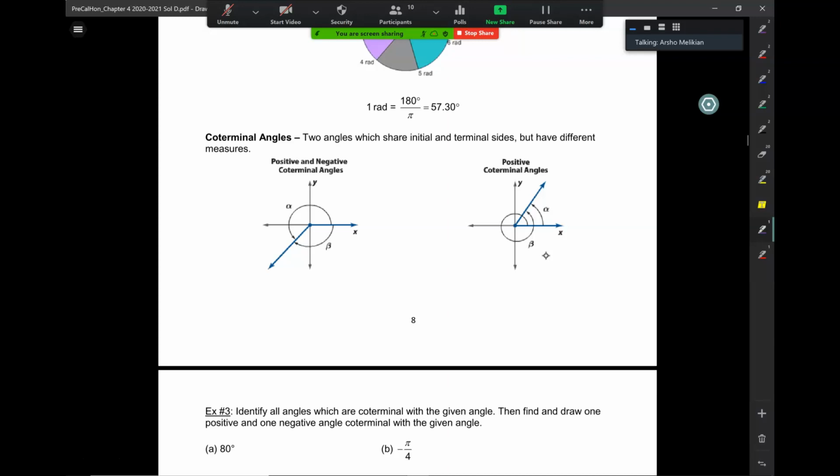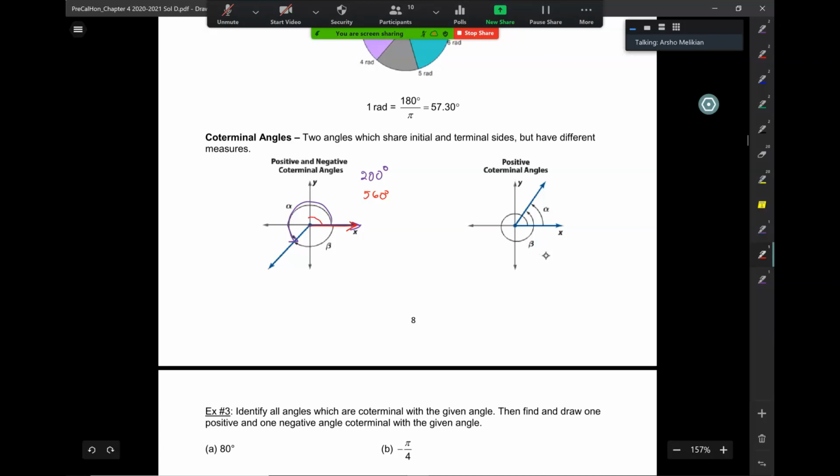Coterminal angles. Let's do this. Suppose we had to draw an angle of 200 degrees. I start from here, 180, go a little bit more, 200. Now I want to draw another angle in red of 560 degrees.